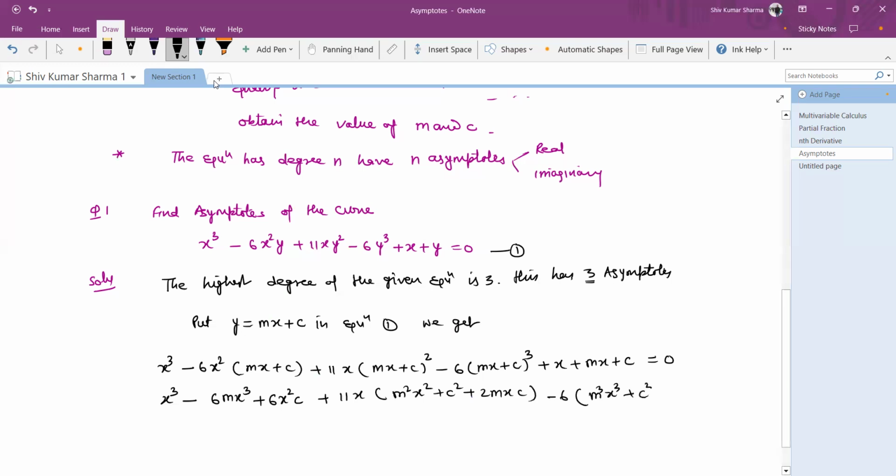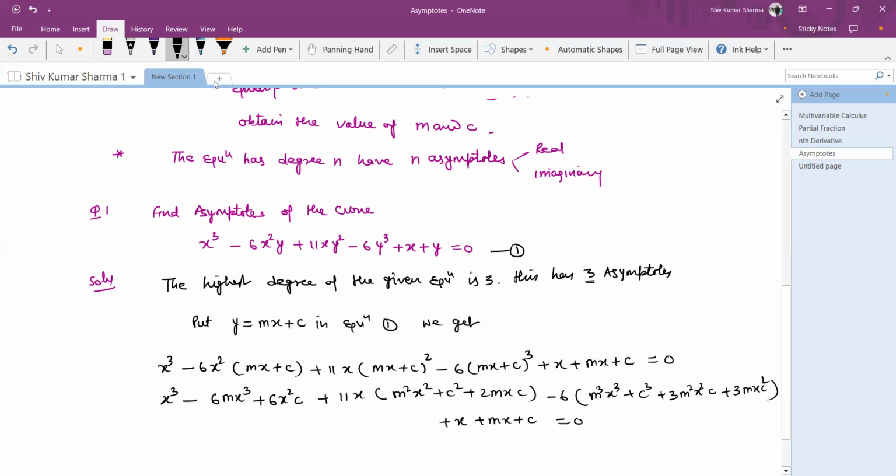B cube means c cube, plus 3a square b. A square means m square x square into c, plus 3mx c square, plus x plus mx plus c.